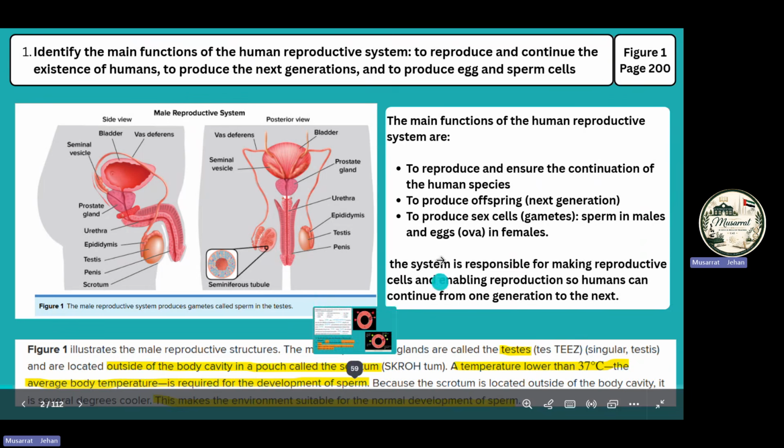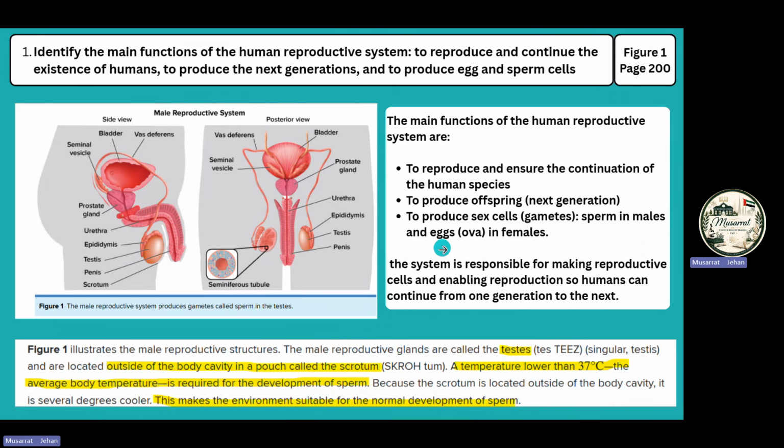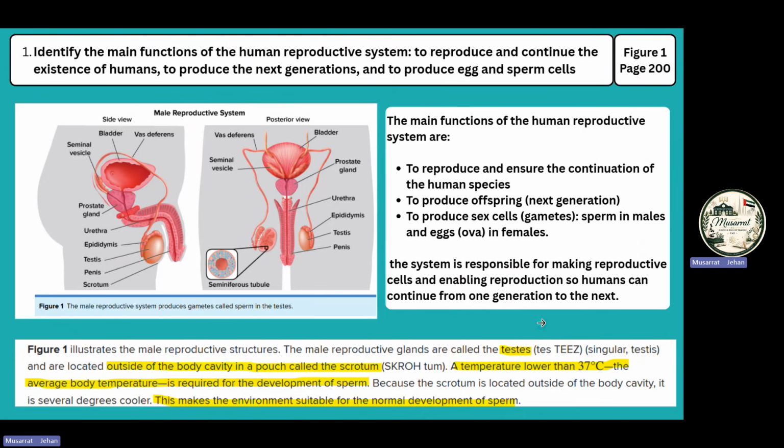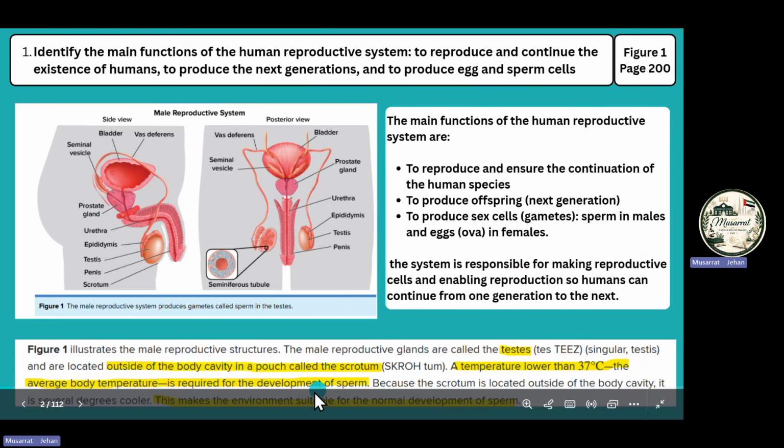Now, why are they located outside the body? Because this keeps the temperature lower than the normal body temperature, which is 37 degrees Celsius. Since the scrotum is outside the body, it is at a little lower temperature than the body temperature, and this is required for the development of sperm.